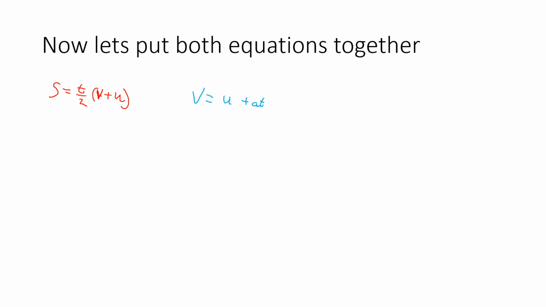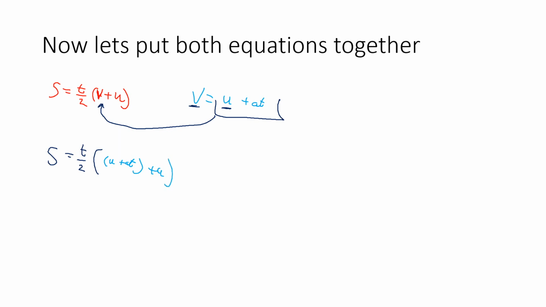What we're going to do is, for each of these, make v and u respectively the subject. So first let's substitute u plus at in for v. s is going to equal t over 2 times (u plus at plus u).